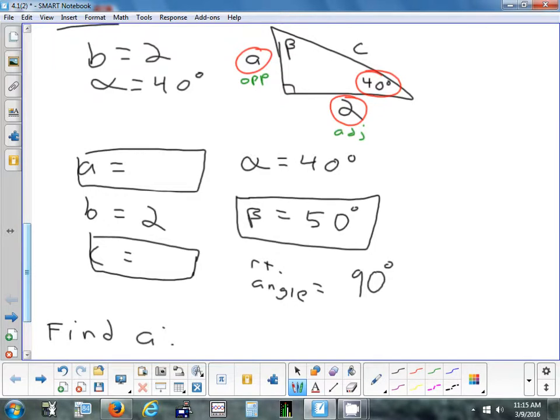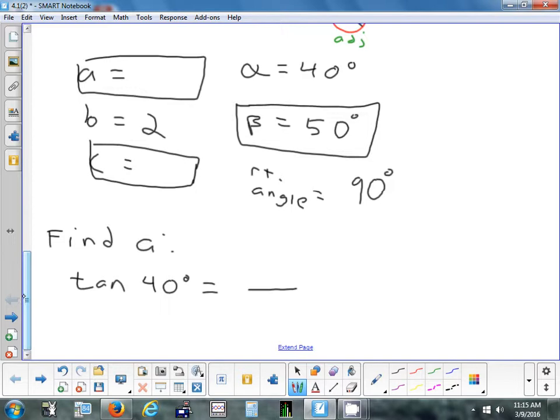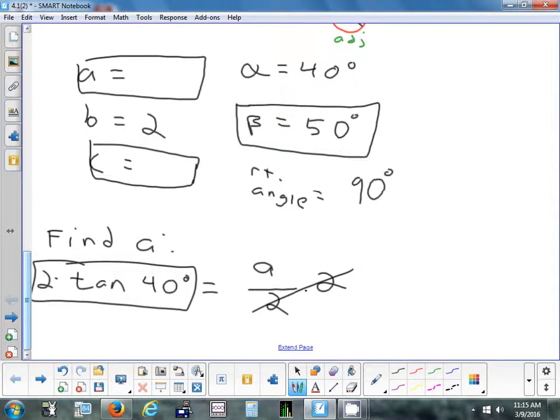It's going to be A over 2. Good. And now my last step is just to get A by itself. So how do we move that 2 to the other side? Yeah, multiply by 2. And that's it. We need to type that in now, but that's all we have to do to get A for this triangle.